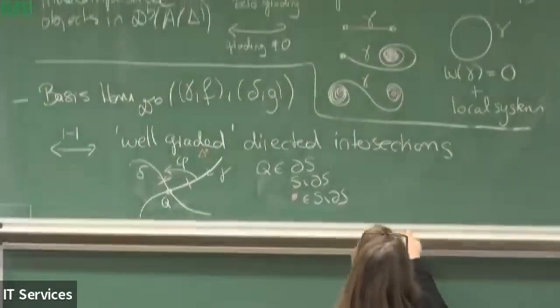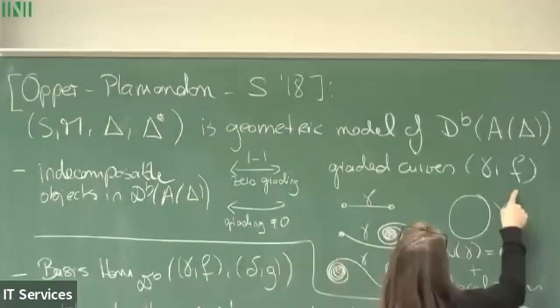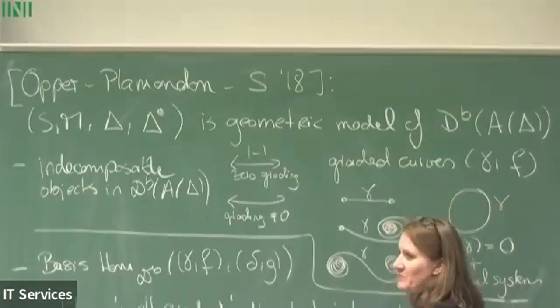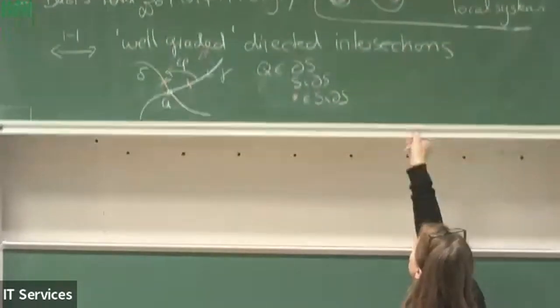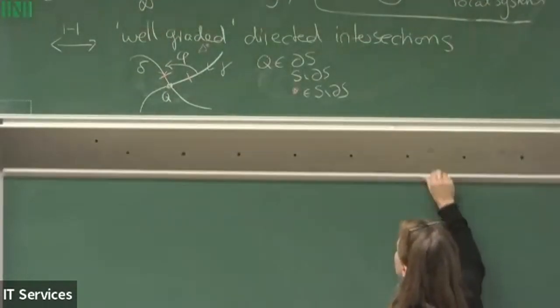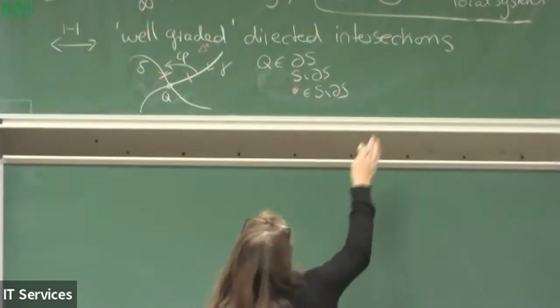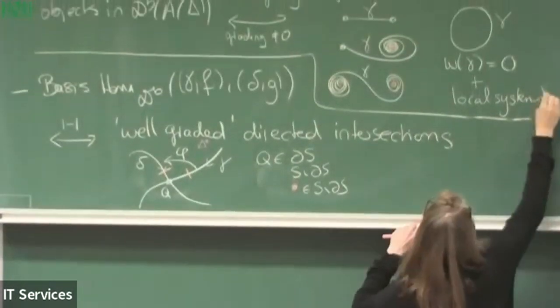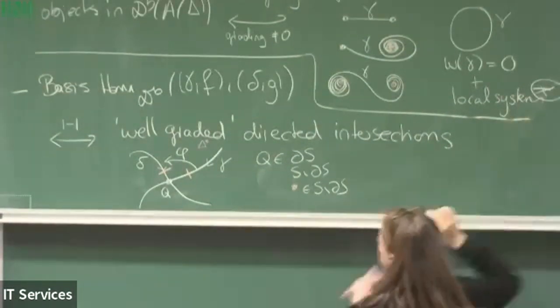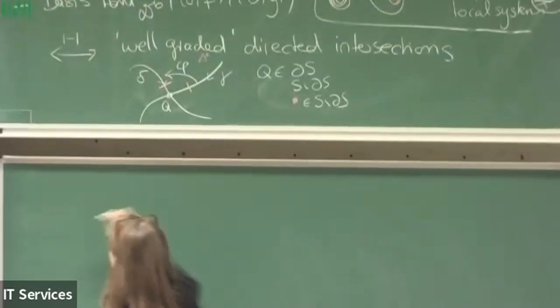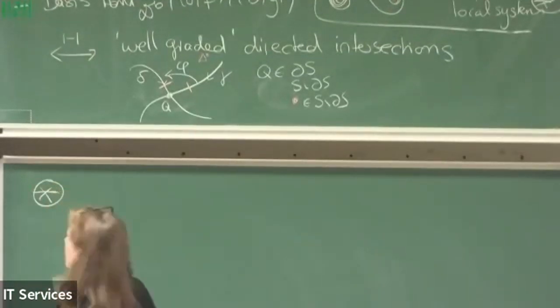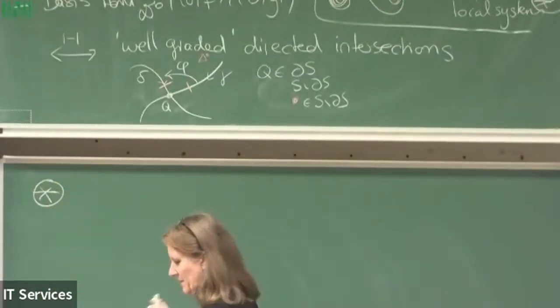And yeah, okay, so I forgot to tell you about the f here. So what is f? f is what makes the curves graded, so it should have really come here. So let me make a little star and add it, because f is also what allows you to calculate the winding number.